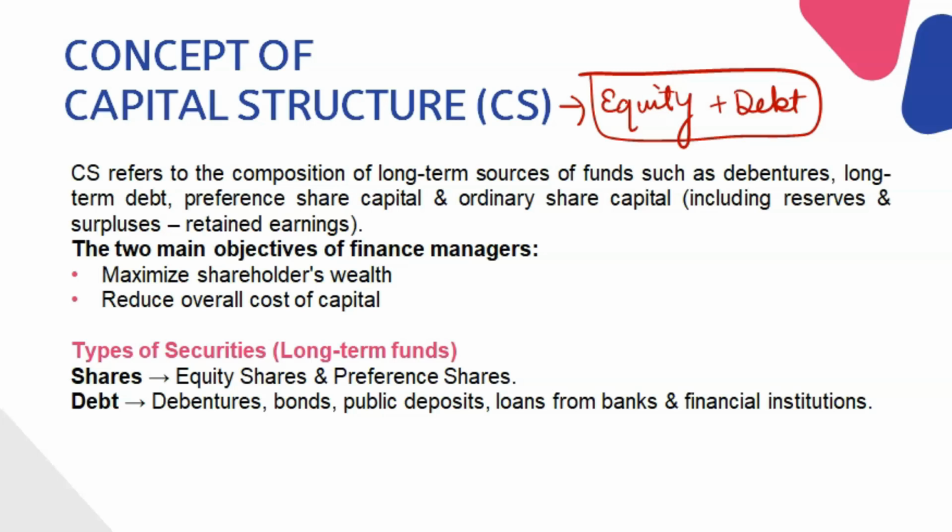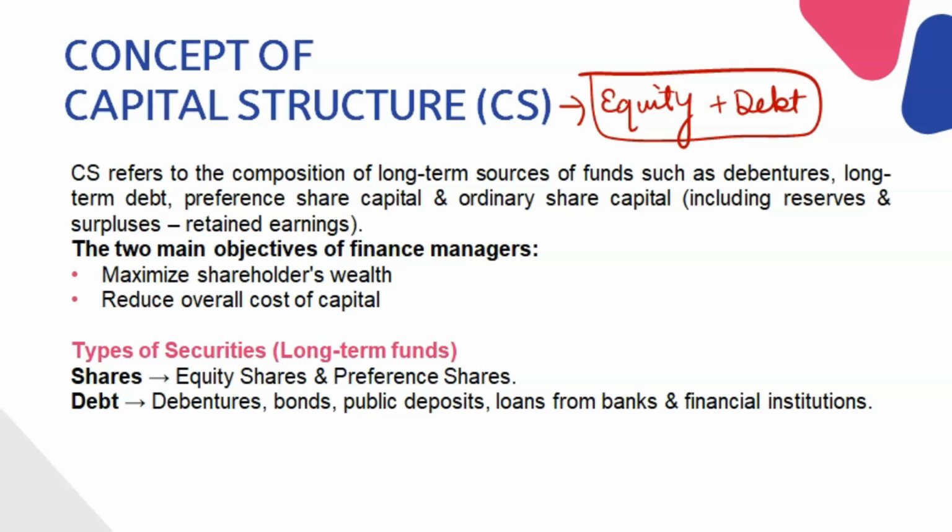The main objective of finance managers, first, is to maximize the shareholders' wealth, that is, maximize the profit. The equity involved in our business is what we have to maximize, and we have to reduce the cost of capital. There are various sources available to us, so we have to see which source has very low cost, so that we can opt for that source.